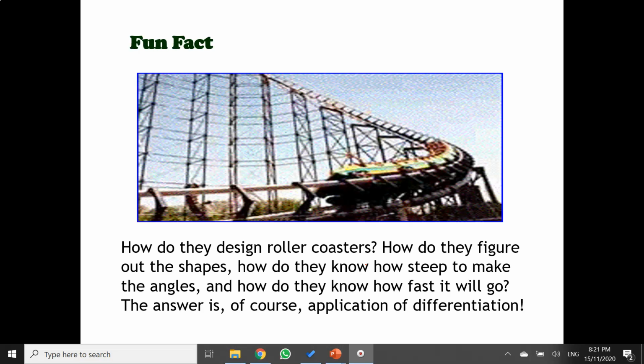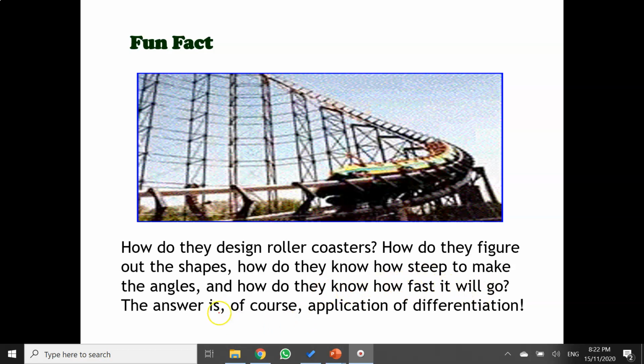But first, let's see the fun fact. I'm sure most of you have seen this one. What is this? This is actually a roller coaster. Have you ever thought about how they design a roller coaster? How do they figure out the shapes? How do they know how steep to make the angles and how fast it will go?